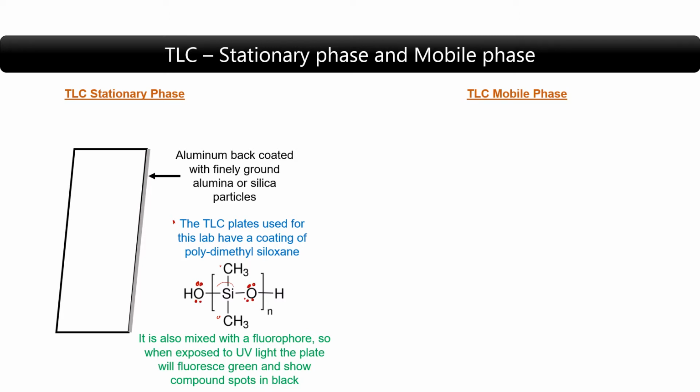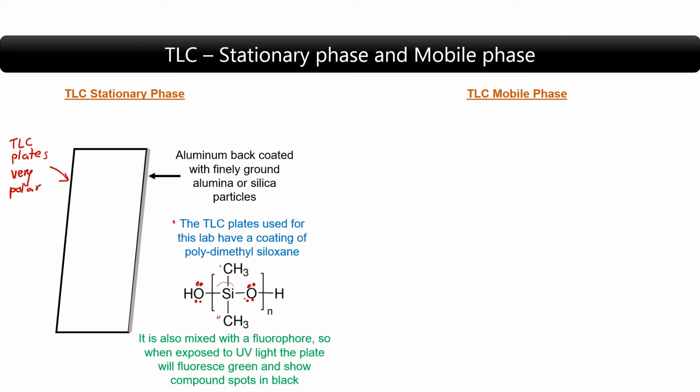So when there is a polymer of this compound, there will be multiple repeats of oxygen in that material, making it a very polar material due to the presence of many oxygens. For the purpose of this lab and this class, we will consider these TLC plates to be very polar due to the material they are made of.